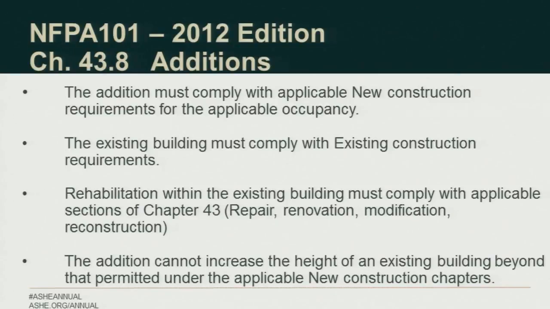Again, assuming you meet that last bullet point, that the type of construction that you're using meets the requirement for that, I would say that that's correct. The new addition, vertical addition, would have to meet new construction. The existing below would have to at least meet existing.